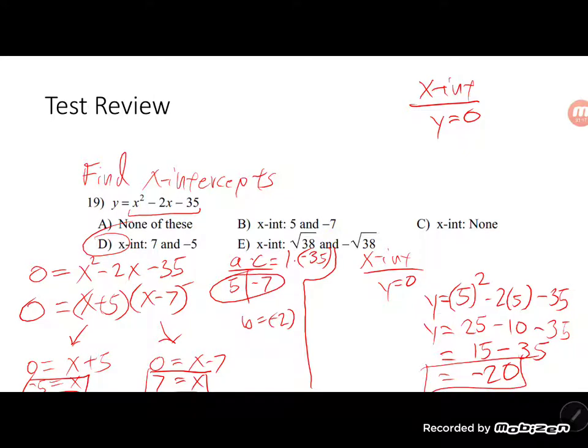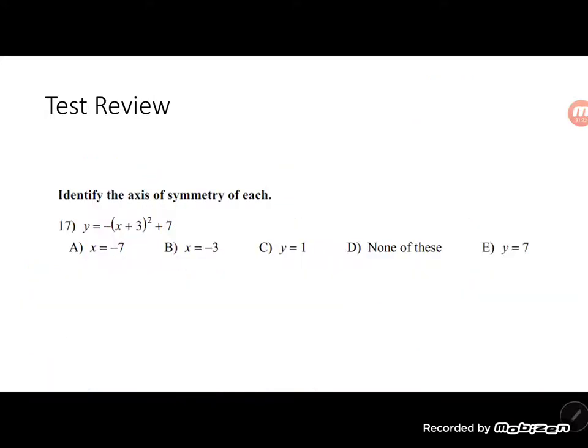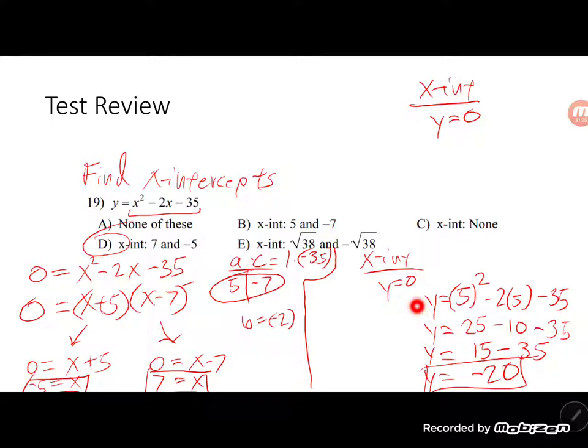So notice, when I plugged in 5, I got y is equal to negative 20. And I know that an x-intercept has to have y equal to 0, so this could definitely not be the answer. Okay, so that's how you could go through this, and you could ultimately use your answers to check if that's an x-intercept.